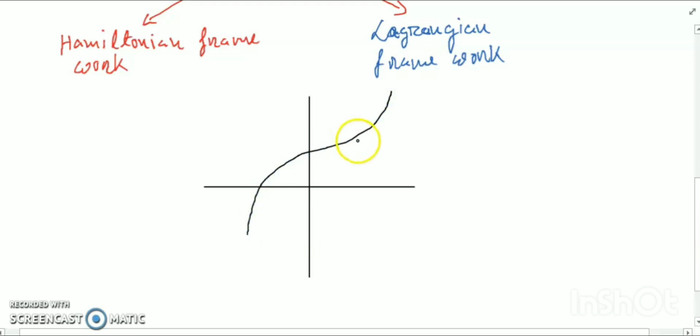Okay, so this is the point, x and t. Okay, and this is x and this is t, x dash and t dash.